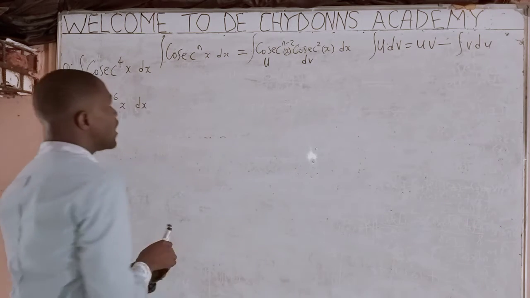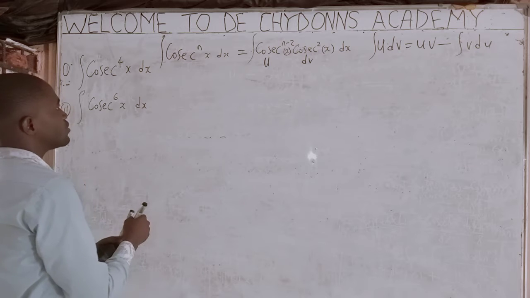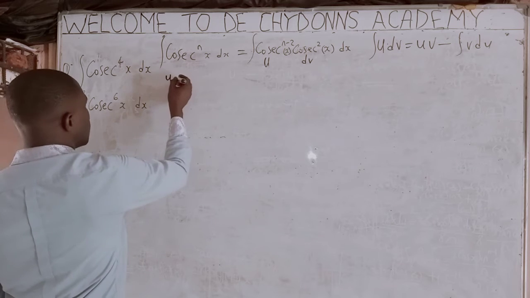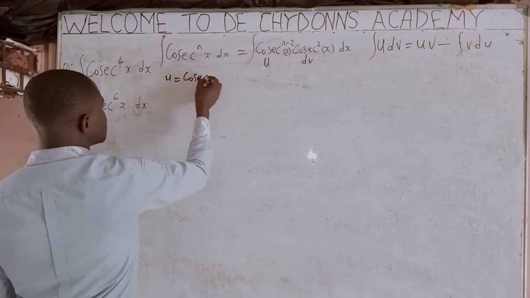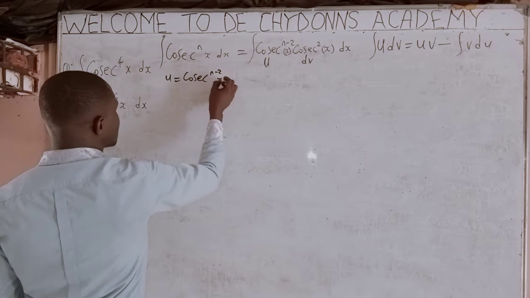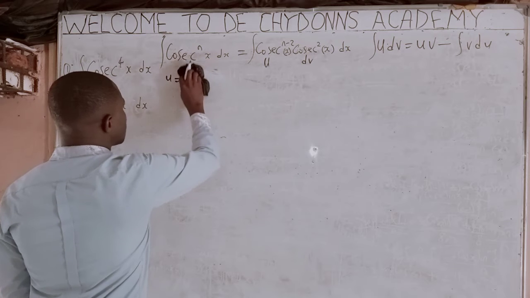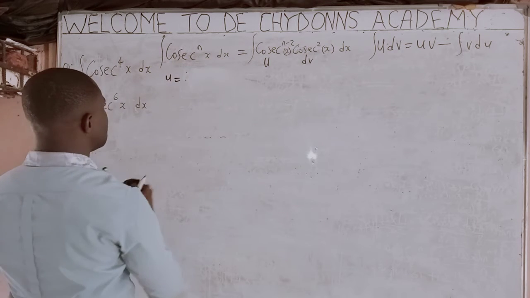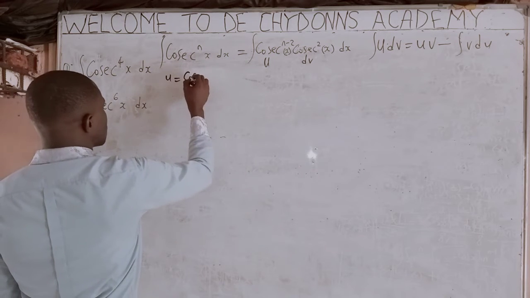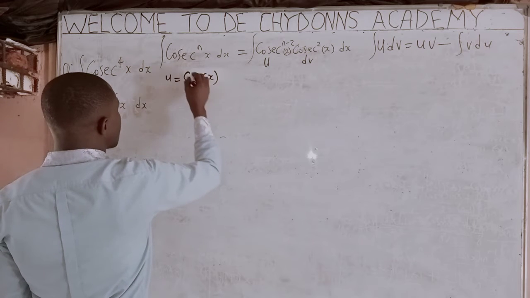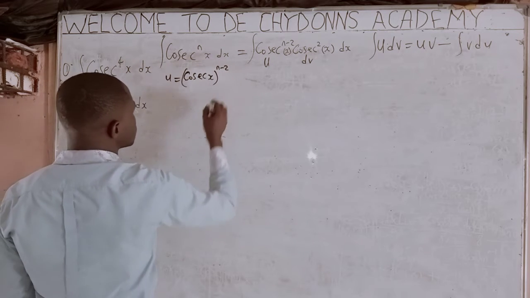Okay, then what is our u? u is equal to cosec^(n-2) x, and cosec^(n-2) x means cosec x all raised to the power of n minus 2.